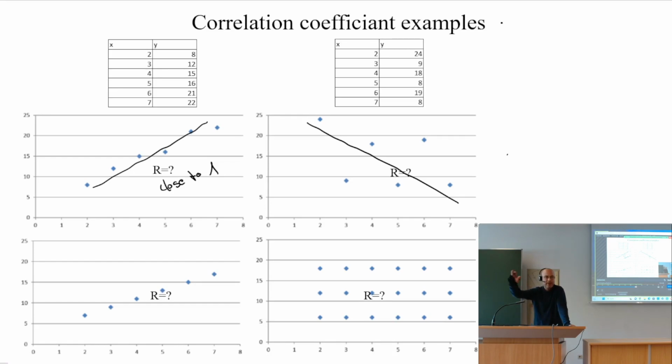If the data points are quite far away from our regression line, more at 0 or more at 1?